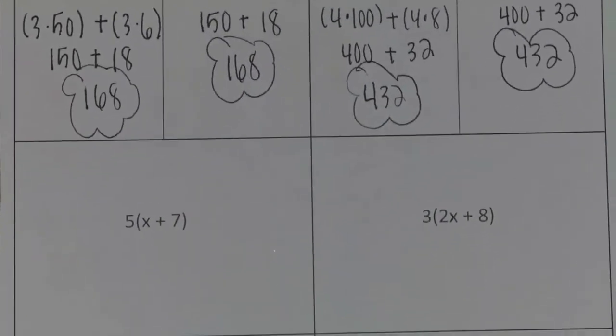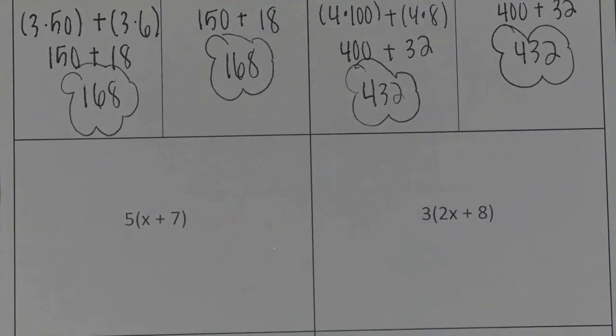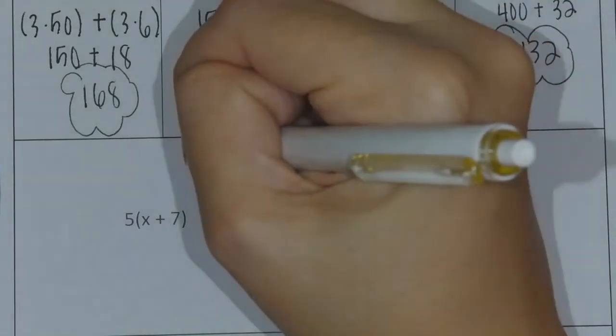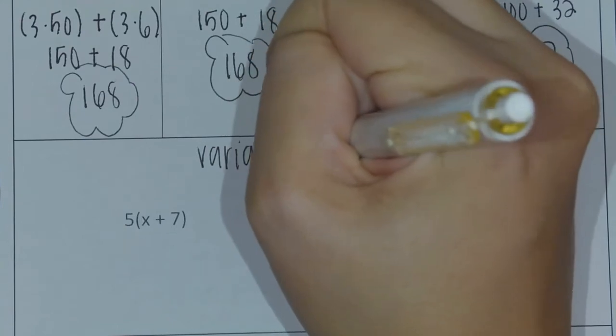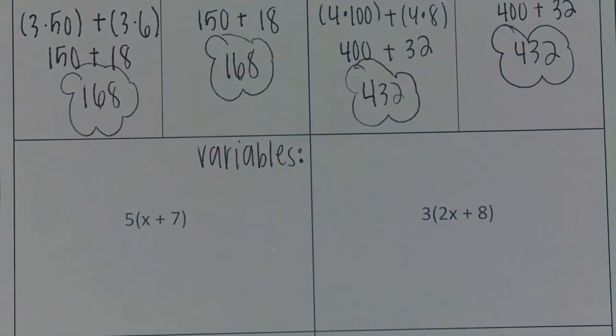Now, when we look at our next problems, I see the letter X somewhere in here. Now, we are getting to the point where we're going to start using letters in math. What? Those letters are called variables. So in math, we use variables, and the most common variables you'll see used are the variables X, Y, A, B, and C. But it can really be any letter of the alphabet.